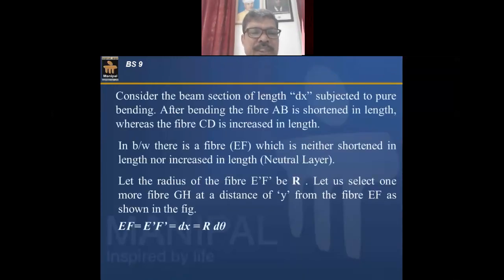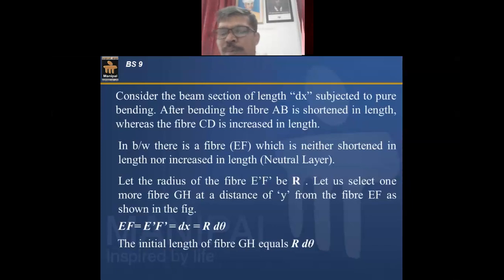So EF is equal to E dash F dash is equal to dx is equal to R d theta. If you read any book of strength of materials, you will get this derivation. You have to see and read all the things. So the initial length of fiber GH equals R d theta.